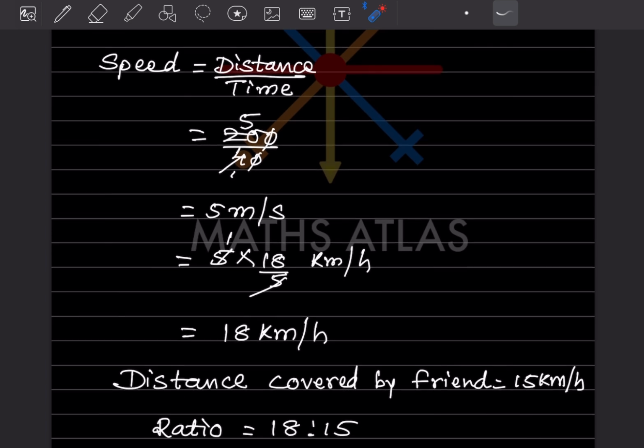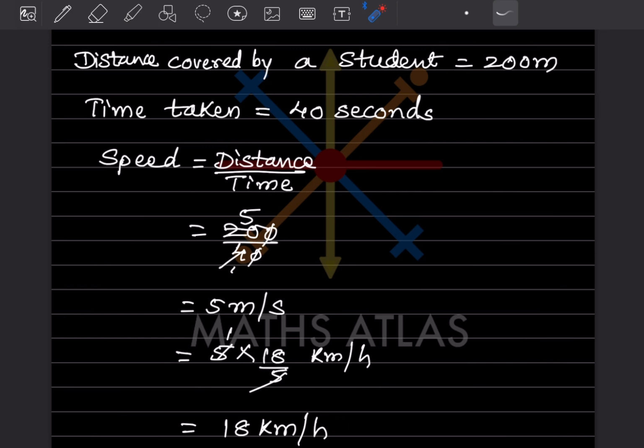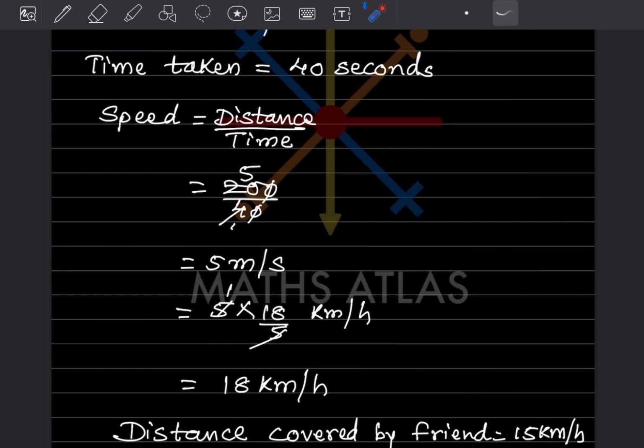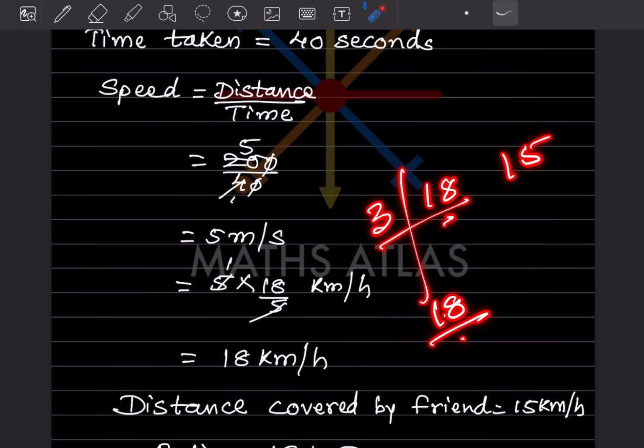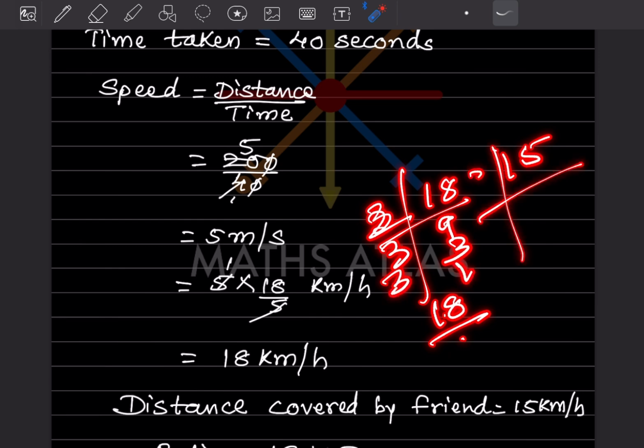Once again I'll repeat it. We got 18 kilometer per hour, and the speed of the friend is 15 kilometer per hour. So the ratio is 18 and 15. When you take the HCF of 18 and 15, 18 is 3 into 2 into 3, and 15 is 3 into 5.